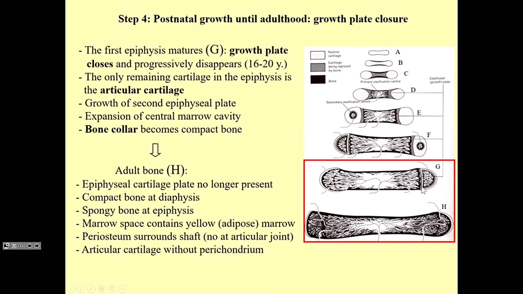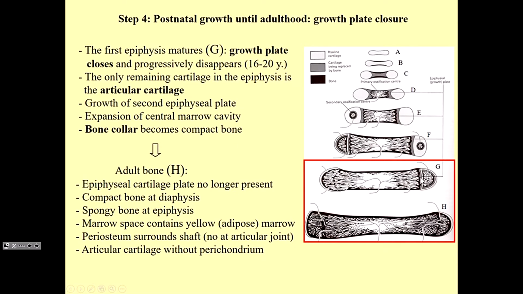growth plate plays a role in elongation of bone, and I'll show you how that occurs momentarily. Once you reach your adult stature, the amount of growth hormone being secreted from the pituitary declines, because growth hormone is important for the growth of the epiphyseal growth plate. I'll talk about that momentarily.